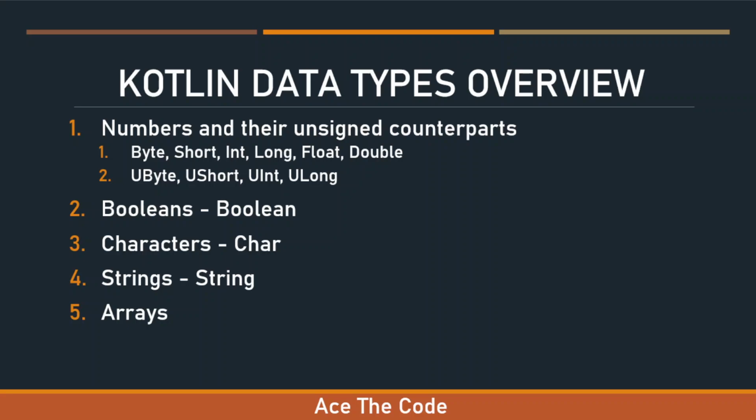We have the character data type as well, for that we have char, which again follows the same Unicode character specifications. We have string types in Kotlin. Strings are special, and there is some speciality in Kotlin strings. We have string templates, which is one of the new things in Kotlin. And finally, we have array data types.